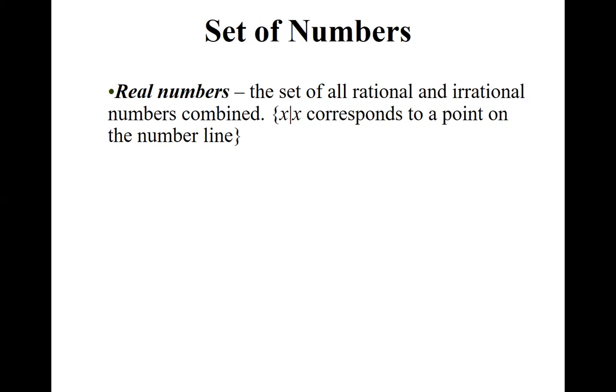Now, I've used some terms here, rational and irrational numbers. What does that mean? Well, when we see rational, the word rational has the word ratio in it. And when we think of a ratio, we should be thinking of something in fraction form.